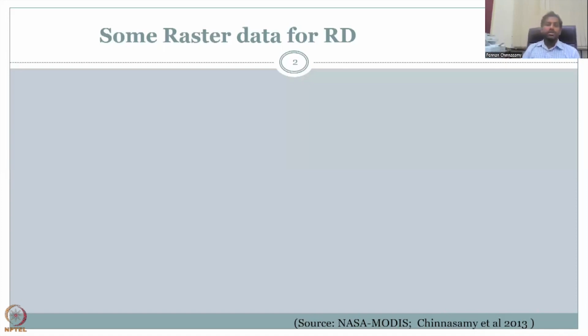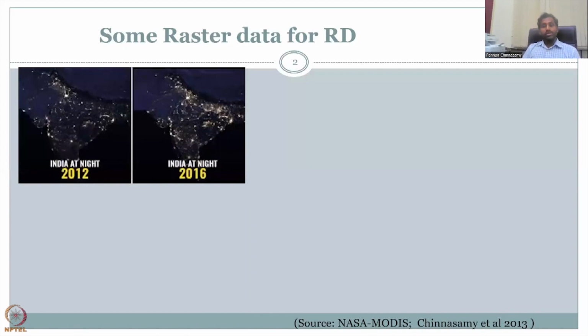I'm going to revisit the slide which I used in the introduction lectures, however with more specifics. So this is the luminescence image taken for the Indian region by a NASA satellite in 2012 and 2016.